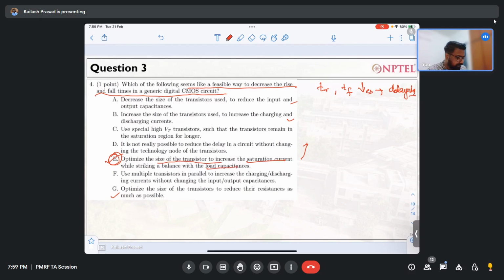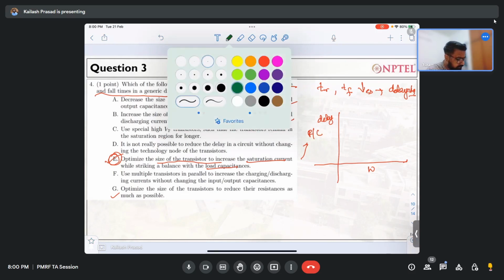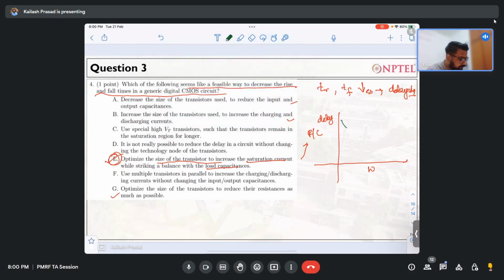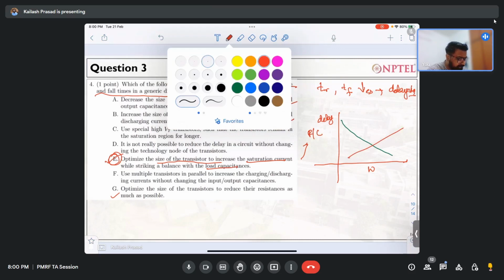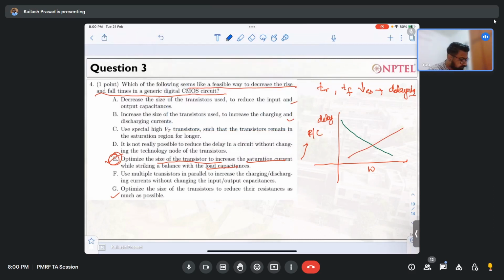So this is my W, and this is my delay. In the same axis, if I'm plotting R and C, R will decrease and capacitance will increase with W. So you have to find an optimum point where R and C are actually minimum.